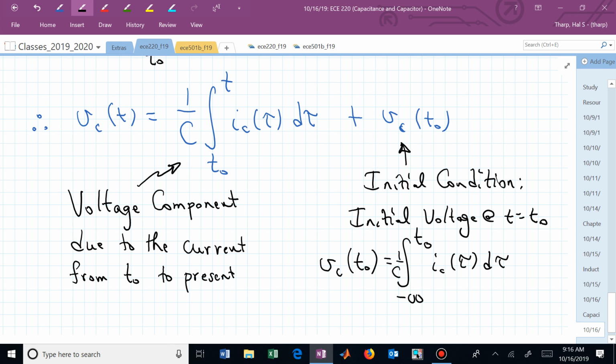So you integrate current to get voltage in a capacitor. And what's integrating current? Current is coulombs per second. You integrate that, you're going to get charge. So now you integrate current, you get charge, and that charge separation is what establishes the voltage, and that's the current voltage relationship of a capacitor.